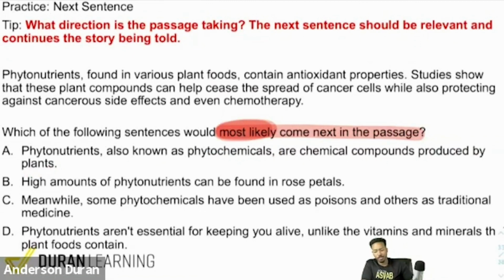Now, let's ask ourselves here. Phytonutrients found in various plant foods contain antioxidant properties. Studies show that these plants, blah, blah, blah, these are the benefits. Notice how we went from defining phytonutrients, okay, these are phytonutrients, this is where they're found, this is what they contain. Then here are the benefits. And then here's what phytonutrients are.